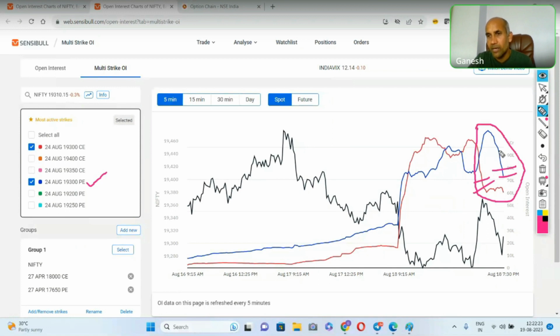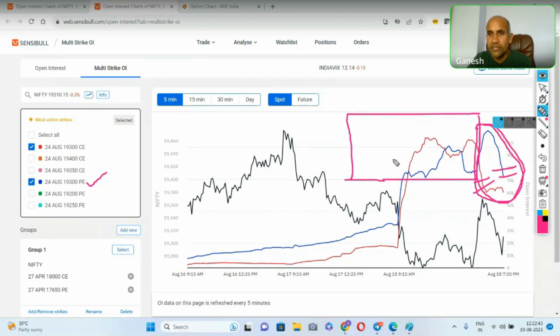Let's leave it. We don't care about the last 15 minutes or half an hour of trade, because that is a different way. So we consider this one only.